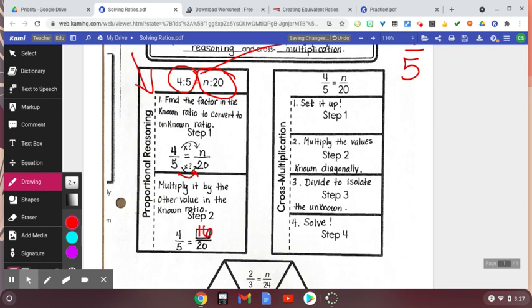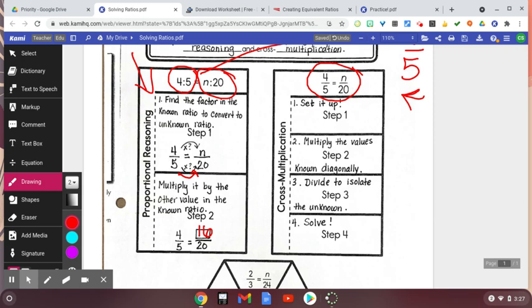Now, you guys are used to doing that, but what we're going to do today is a little bit different, and this is a really cool method where you can find the correct answer every single time. They have up at the very top 4/5 equals n to 20, so rewrite it as a fraction. Where it says step 1, set it up. This is called cross multiplication.